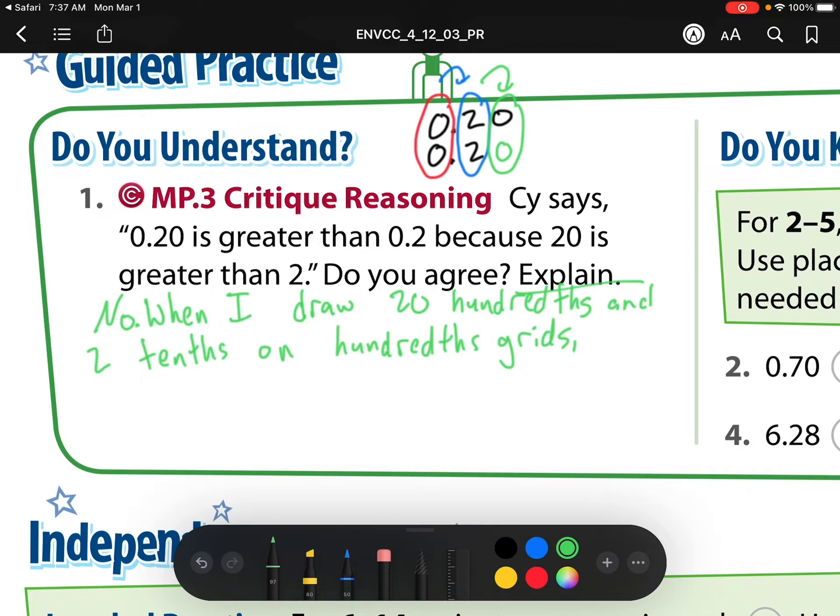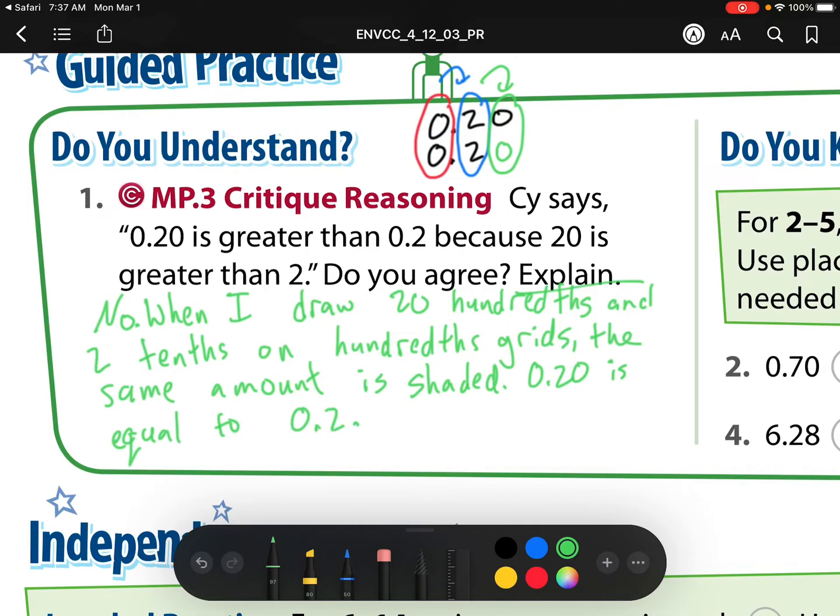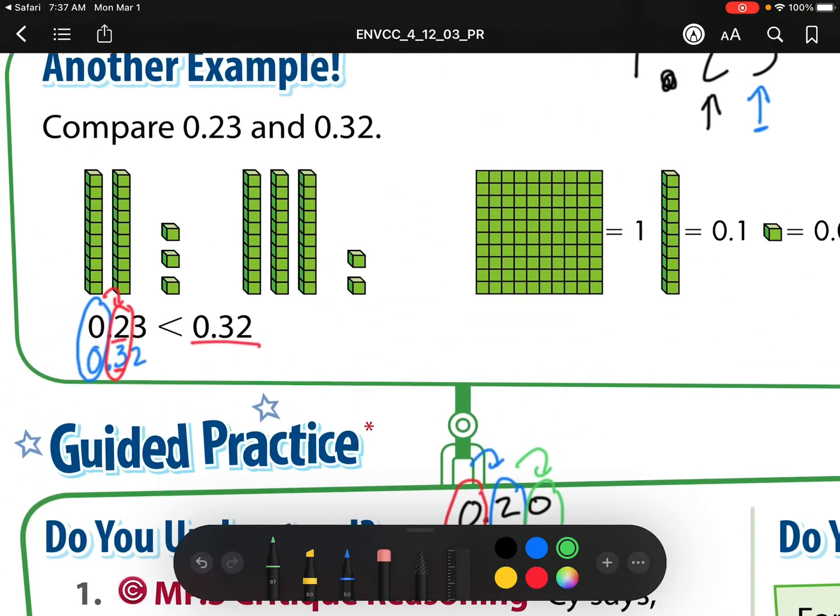Well, the same amount is shaded. And then what does that tell me? Well, it tells me 20 hundredths is equal to 2 tenths.